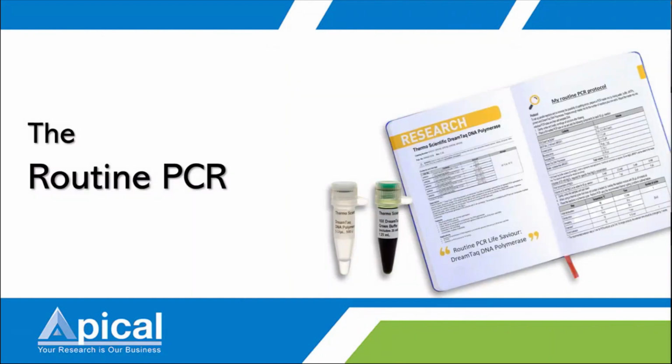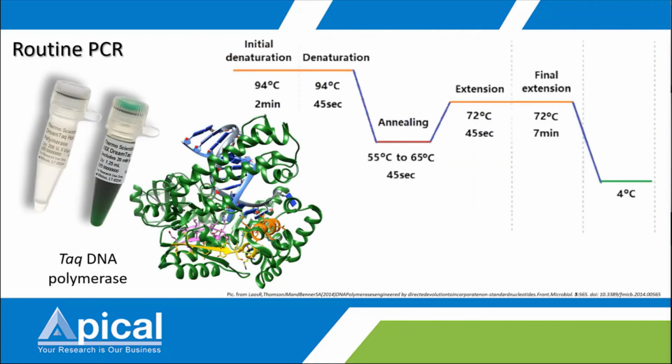Okay, so the routine PCR. What is routine PCR? Routine means something that you do daily, right? So routine PCR means the PCR that you need to perform nearly every day, or maybe every week, or maybe a few times a week.